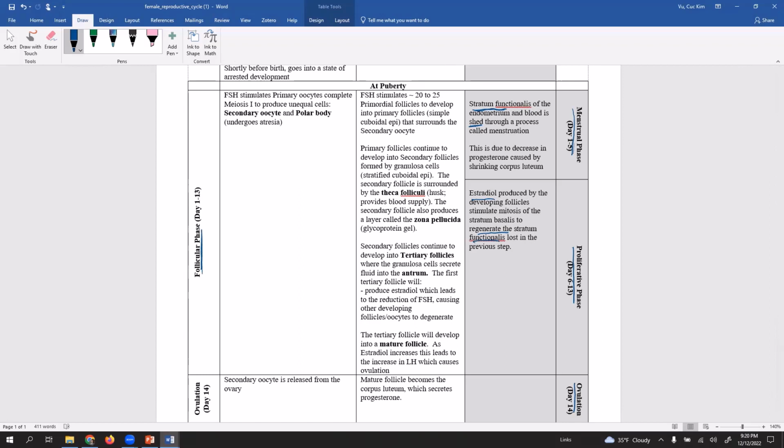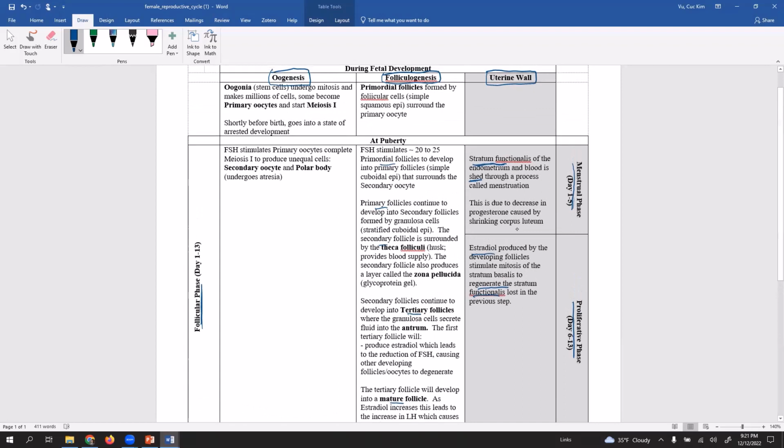It should make sense at this point why it's called the follicular phase, because the majority of change that happens is to what? The follicle. It goes from primordial follicle to primary follicle to secondary follicle to tertiary follicle and then to a mature follicle. And that's why it's called follicular phase.